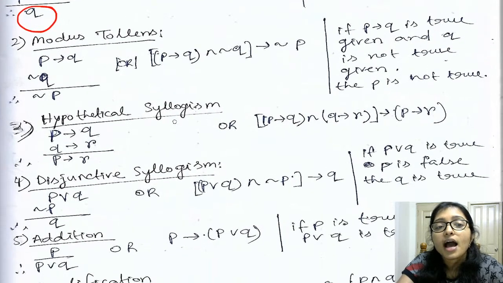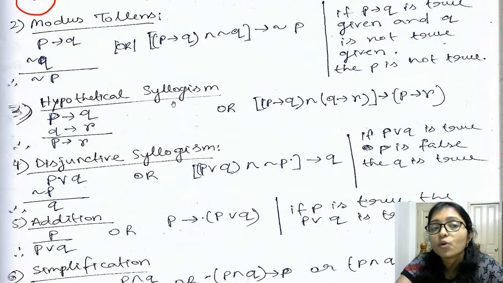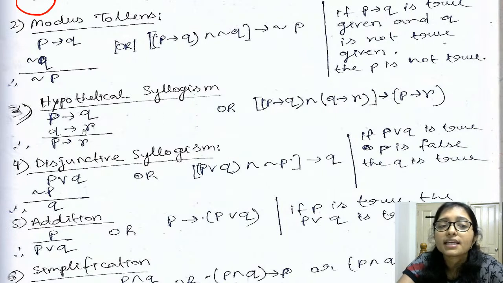And here is hypothetical syllogism, someone asked about it yesterday. Who was asking yesterday? That is P implies Q and Q implies R, then P implies R. Hypothetical syllogism is like the transitive property.